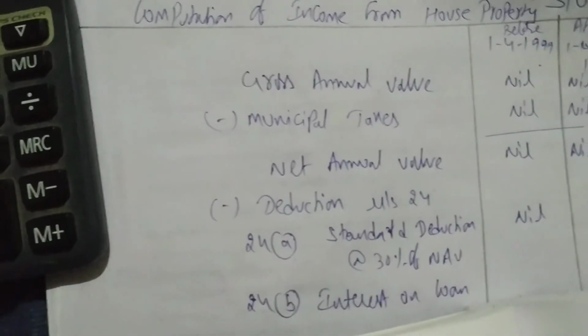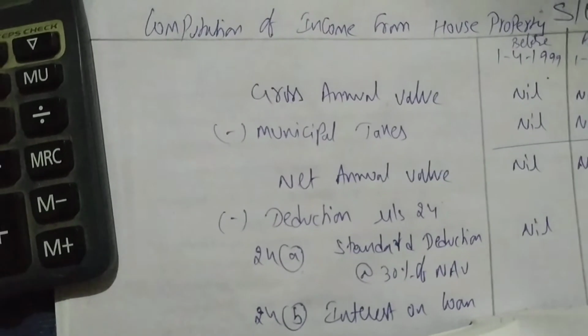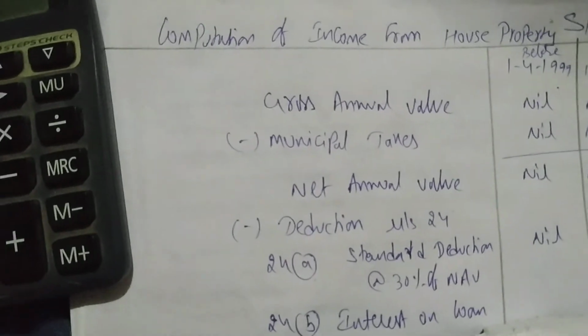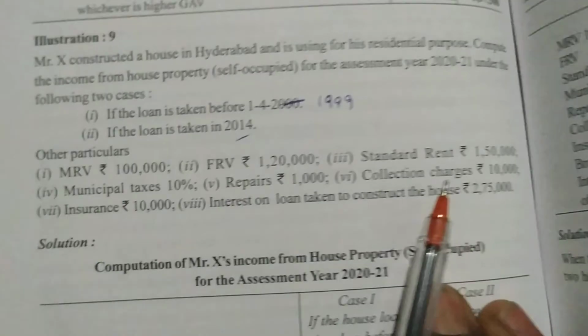The interest on loan taken, we have to write condition. That condition we'll write now. Page number is 180, question number 9. So the interest on loan taken is how much? 2,75,000.